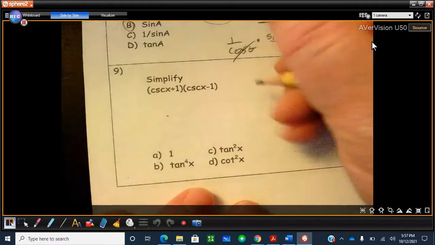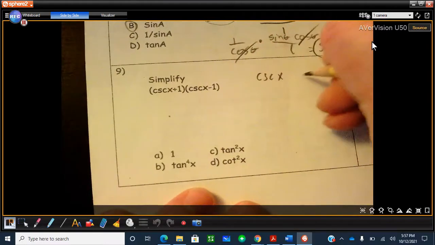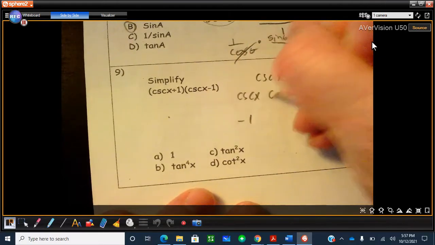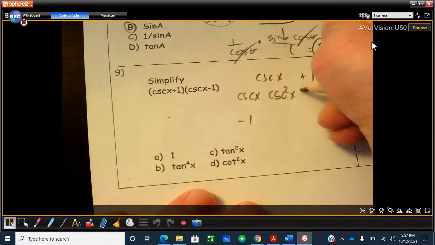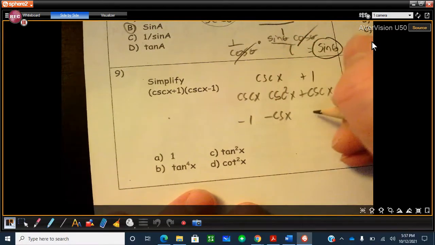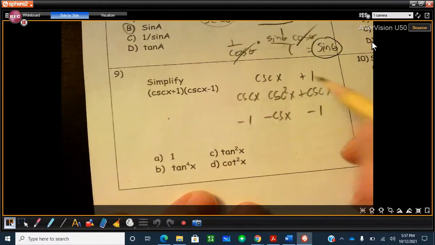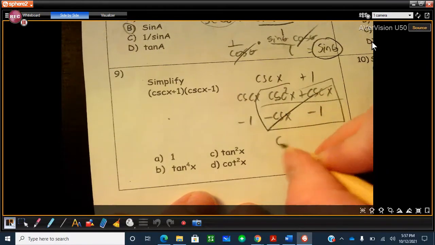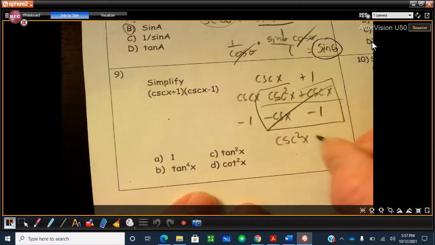Alright, number 9, I kind of like doing these by hand. The box method, so we get cosecant x plus 1 times cosecant x minus 1. So we get cosecant squared of x plus cosecant x minus cosecant x minus 1. So in the box, when you do your box method here, these two are going to cancel, and you get cosecant squared of x minus 1.